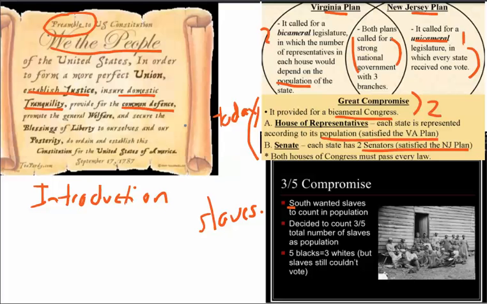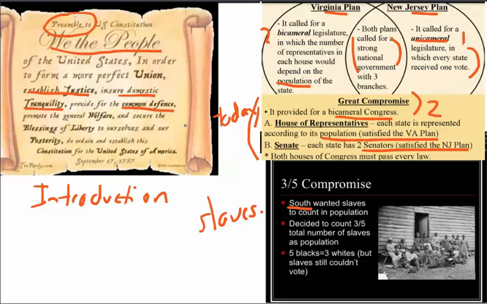In the South, which by this time held by far most of the slaves, they of course wanted the slaves to be counted because that would give them more power in Congress. Many people in the North, however, said, hey, wait a minute, you don't treat your slaves like people, so why should you count them as people? And they said they shouldn't be counted.